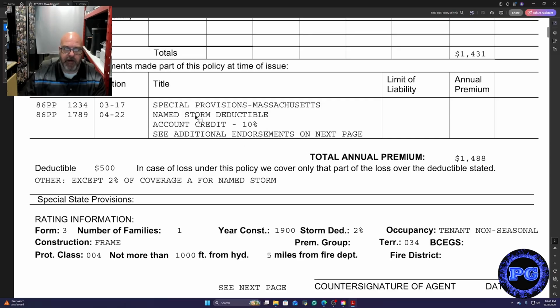So your account credit would be pretty much a bundle, right? If you're bundling with another account, they're going to give you 10%. So not a bad deal. So you might want to think about putting this with your home or with your auto and your home, right? Put it all together. The more credits, the better, right?